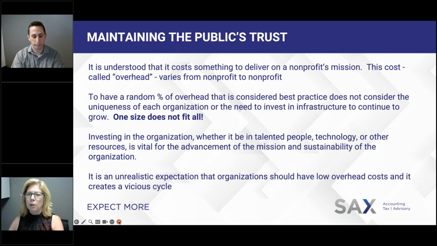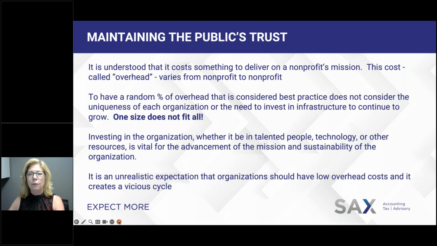So the vast majority of a nonprofit's revenue is either tax or public dollars. And so we must make sure that we are running our programs efficiently and effectively so that the donors trust that we're using each and every dollar to the advantage of our communities and the missions that we serve.